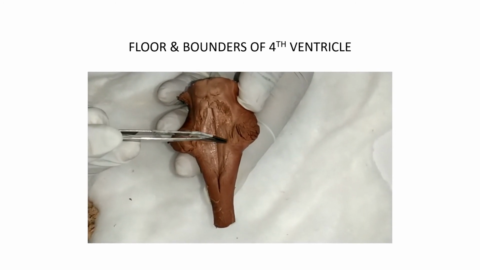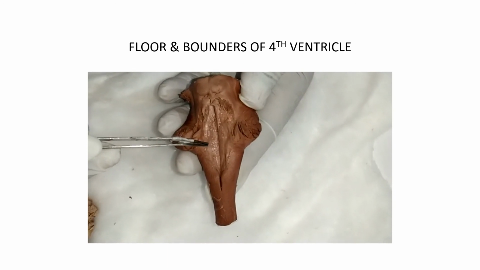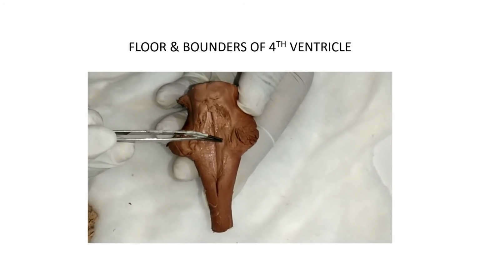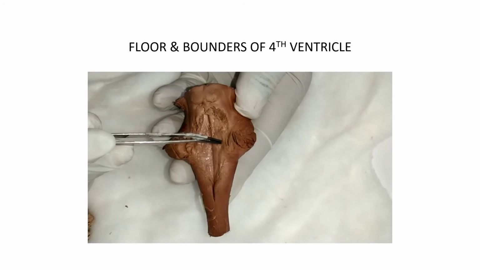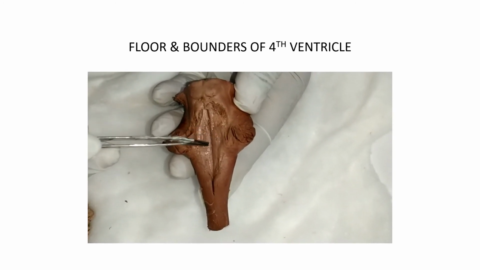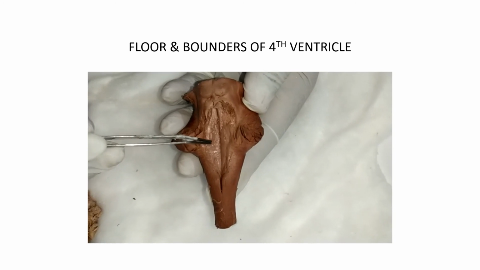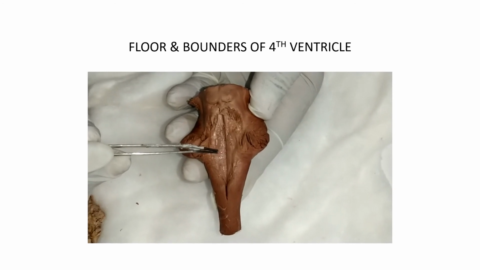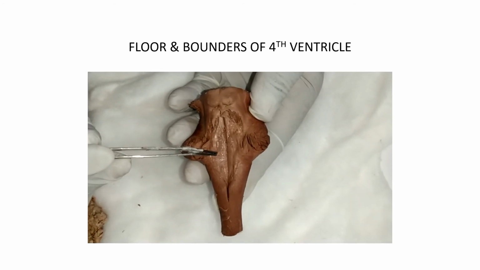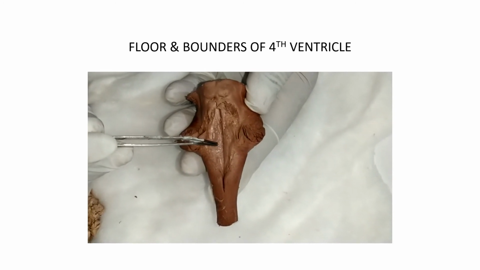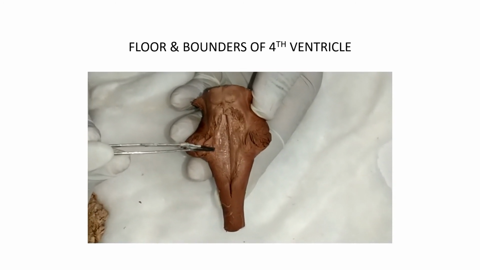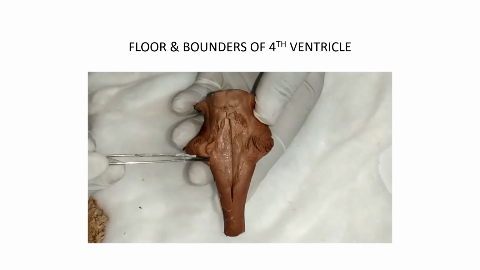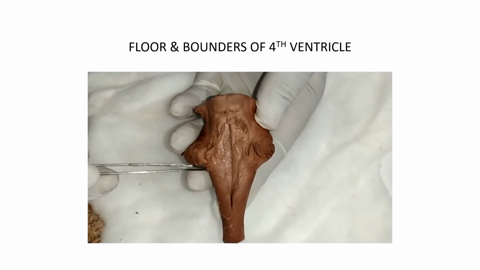These are called the striae medullares, which are derived from the arcuate nuclei, emerge from the median sulcus and pass laterally over the medial eminence and the vestibular area, enter into the inferior cerebellar peduncle over here and reach the cerebellum over here.